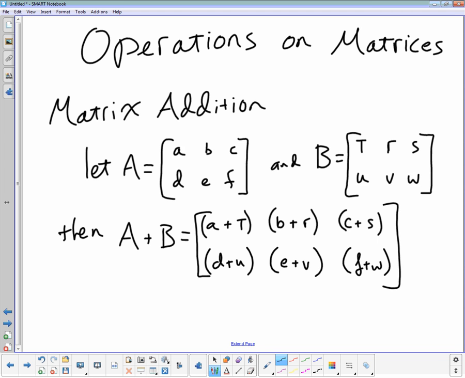So the elements in one matrix map to the other element in the same position. Now, remember, these matrices have dimensions that are listed as rows and columns.